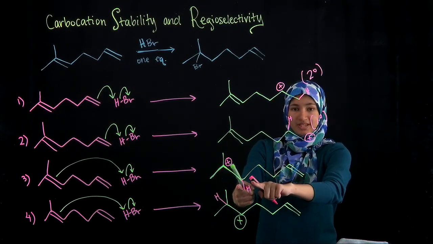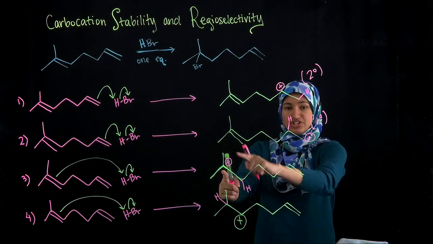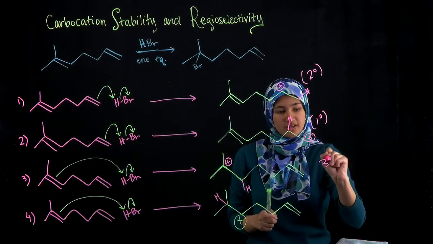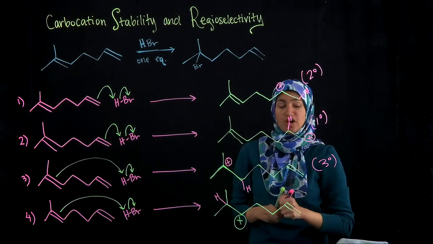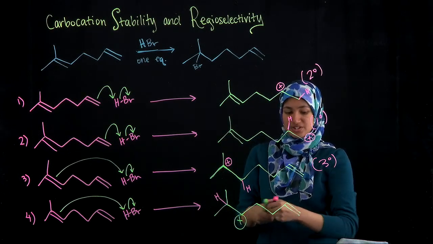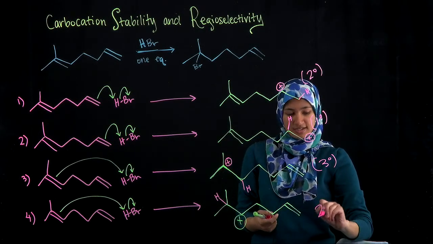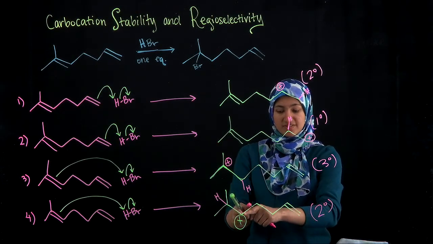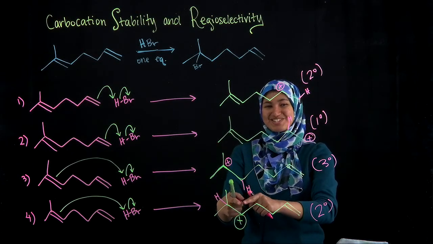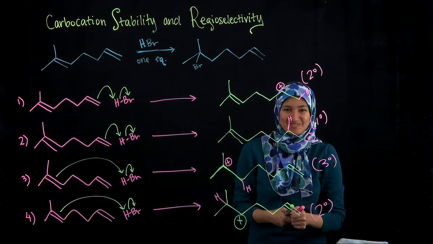This one is a carbon attached to 3 other carbons, so it's a tertiary carbocation, versus this one over here, which again is secondary, simply because of the fact that it is attached to 2 other carbon atoms.